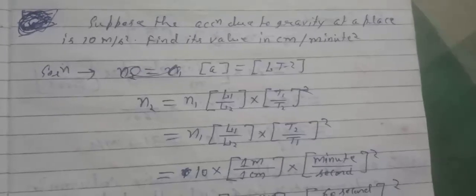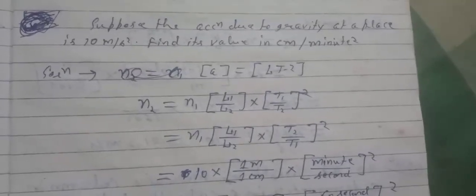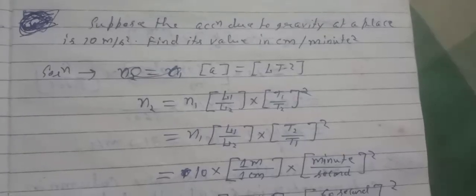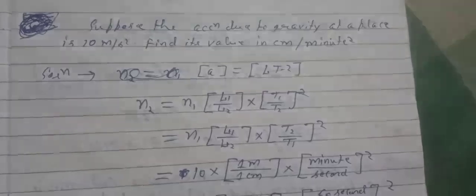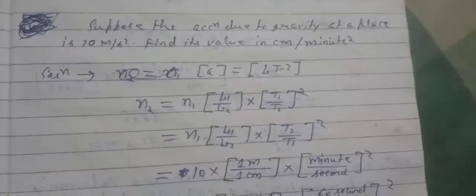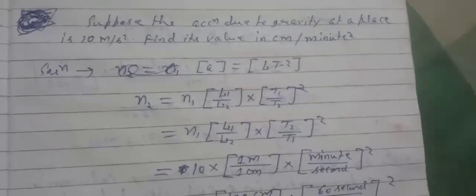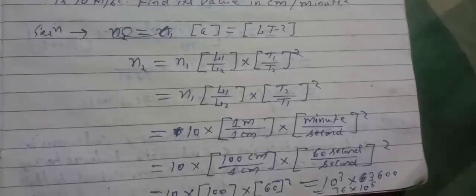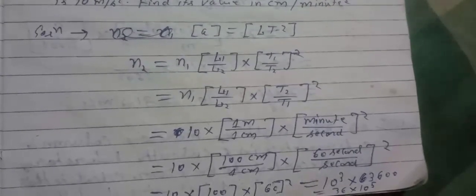Now we have n2 equals n1 into L1 by L2 into T1 by T2 to the power minus 2, or equals n1 into L1 by L2 into T2 by T1 the whole square.